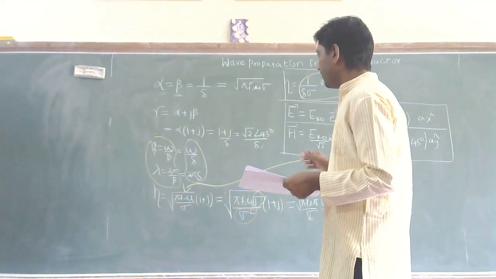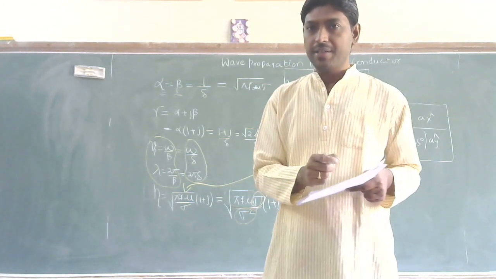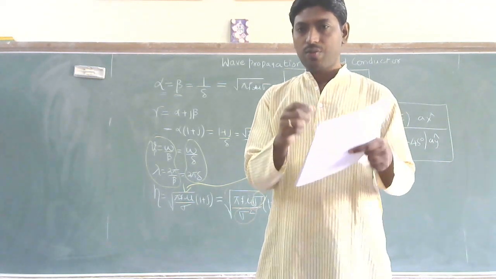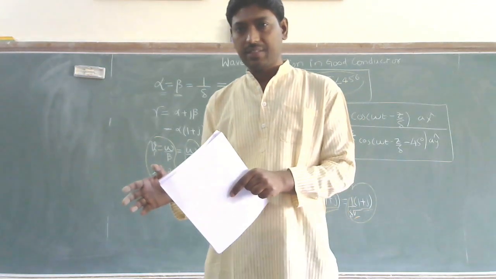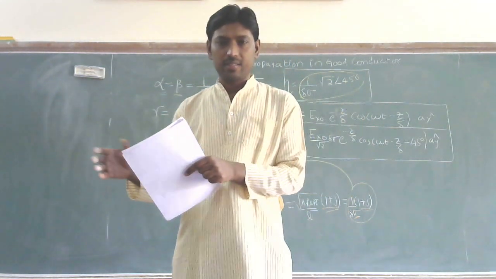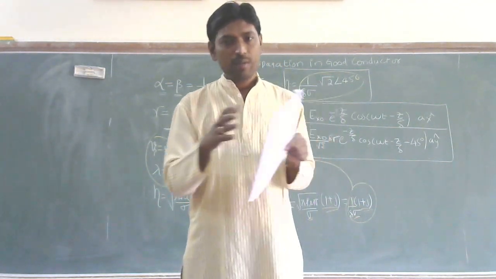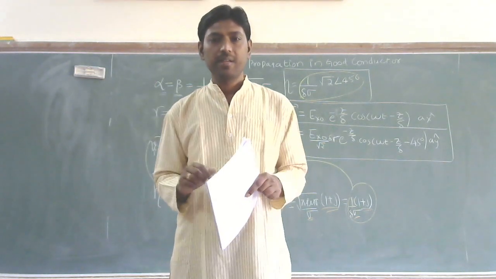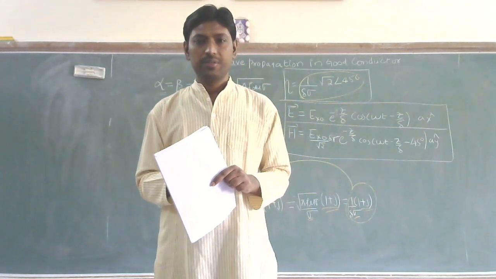The next thing we said is that, by taking the wave characteristics of a general medium, we try to approximate the formulas for a good dielectric. Similarly, we followed the same procedure for a good conductor. We took up the wave characteristics of a general medium and approximated them by applying the loss tangent concept, and we got approximate values of wave characteristics for a good conductor.